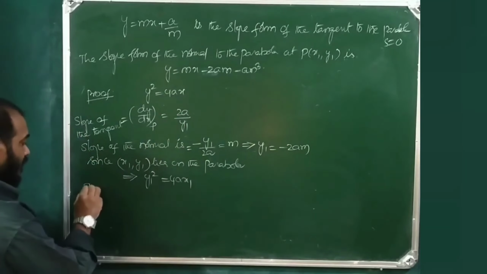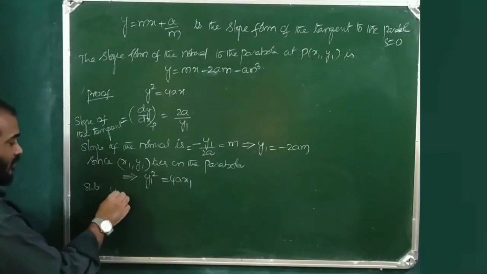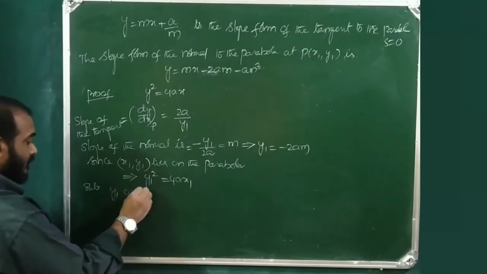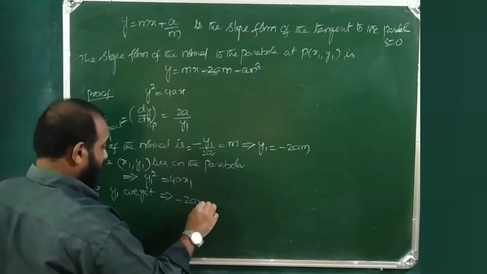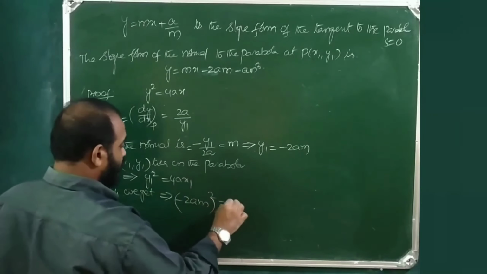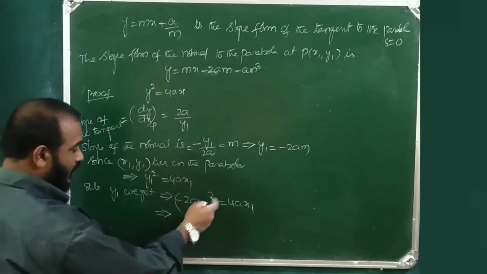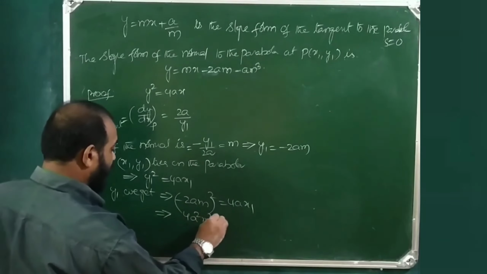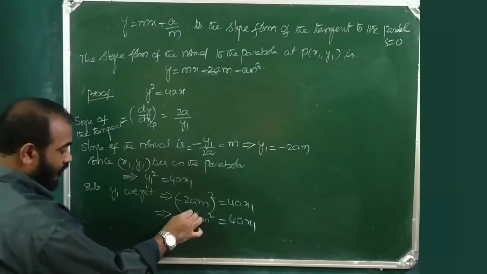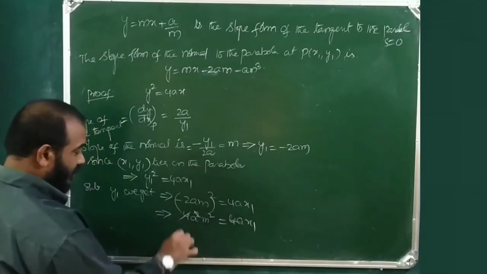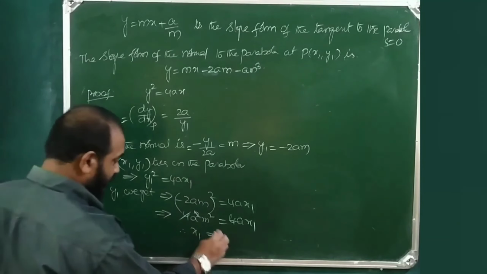Substituting y1 equals minus 2am in this, what is y1 that we got earlier? Minus 2am, whole square, equals 4ax1. Minus 2am whole square is 4a square m square, equals 4a x1. So here 4a gets cancelled. Therefore, x1 equals am square.